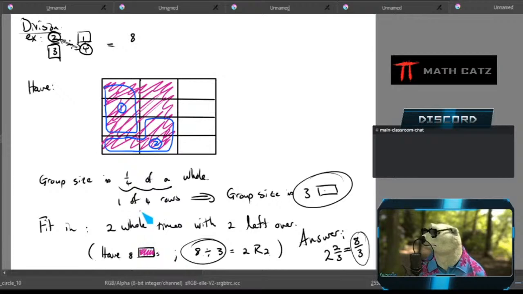If I had taken 2 rows of the 4, if that was a 2 and not a 1, I would have 6. 2 times 3. So those 2 get multiplied together. The 1 is a little inconvenient. It doesn't seem like actually anything has changed, but it has. And that's the denominator of my answer.